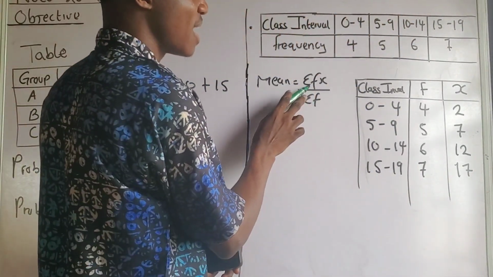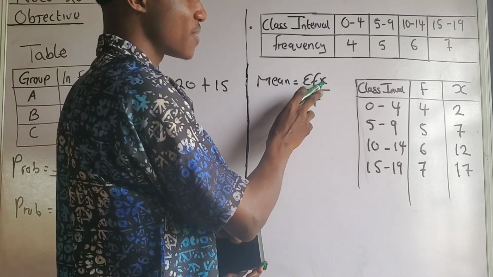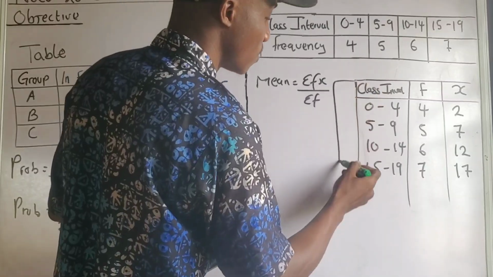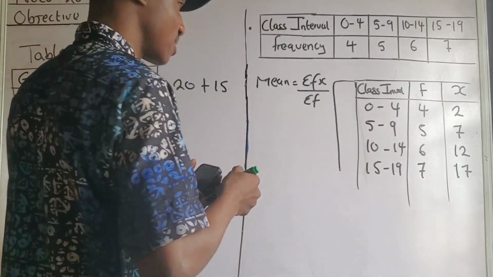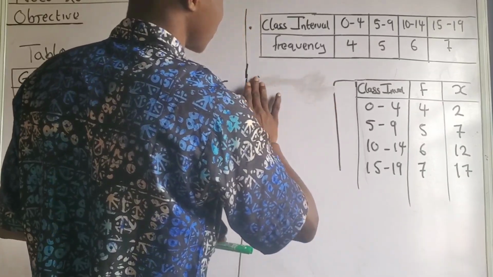From this formula, I still need to take the product of f and x. Fx simply means the product of f and x. So we are going to have another table. Let me erase this.